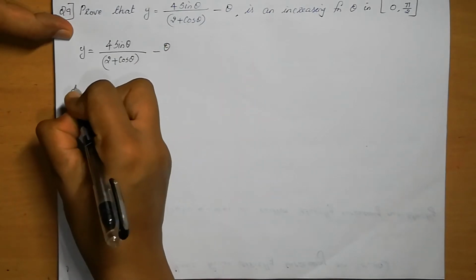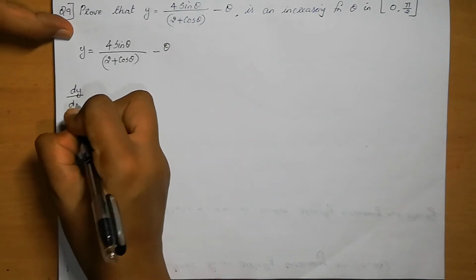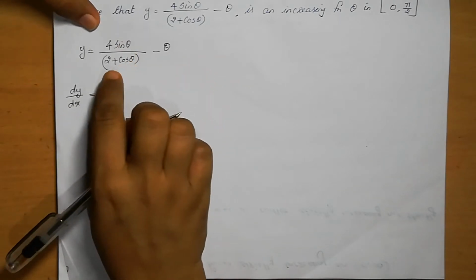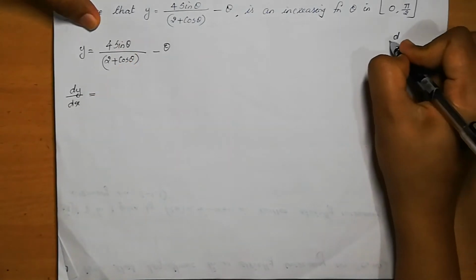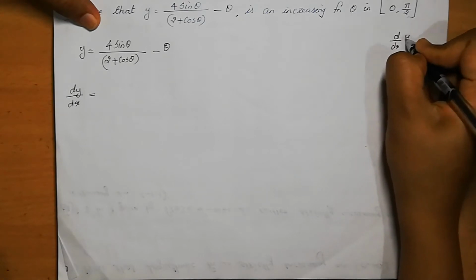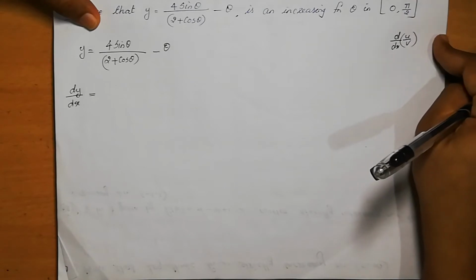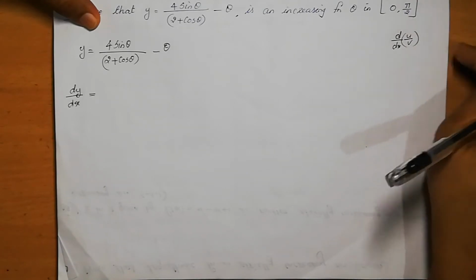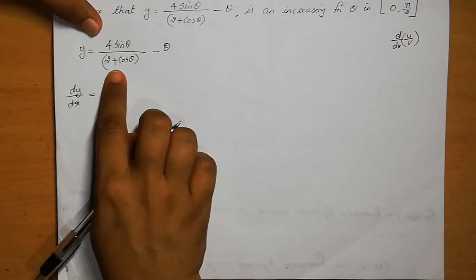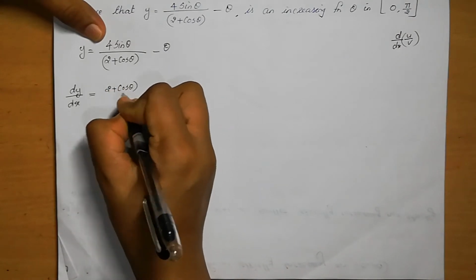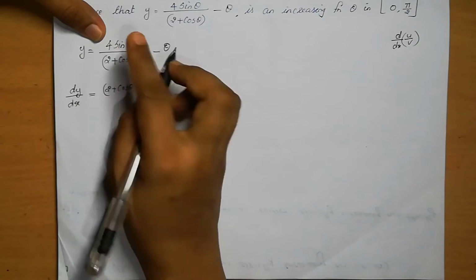First derivative means dy by dx. This is in the form of division. Division means d by dx of u by v form, right? That means how we can write? v into derivative of u minus u into derivative of v, the whole divided by v square, right? So in the denominator, 2 plus cos theta into derivative of 4 sin theta.